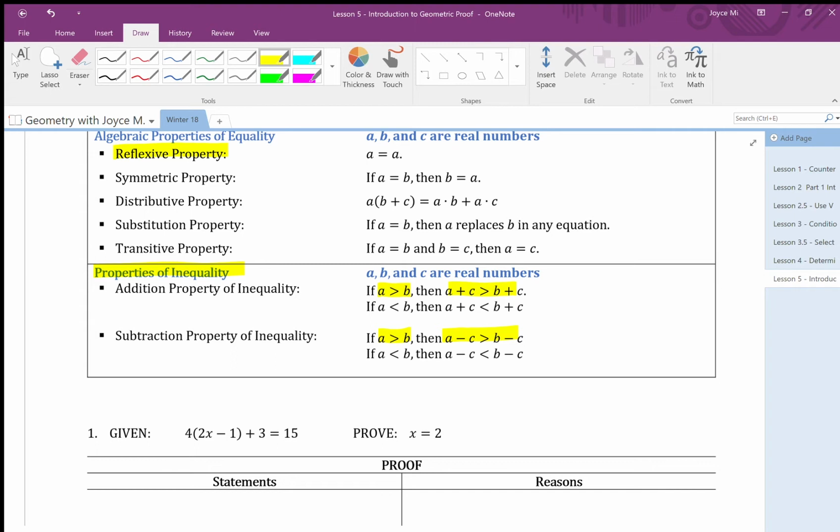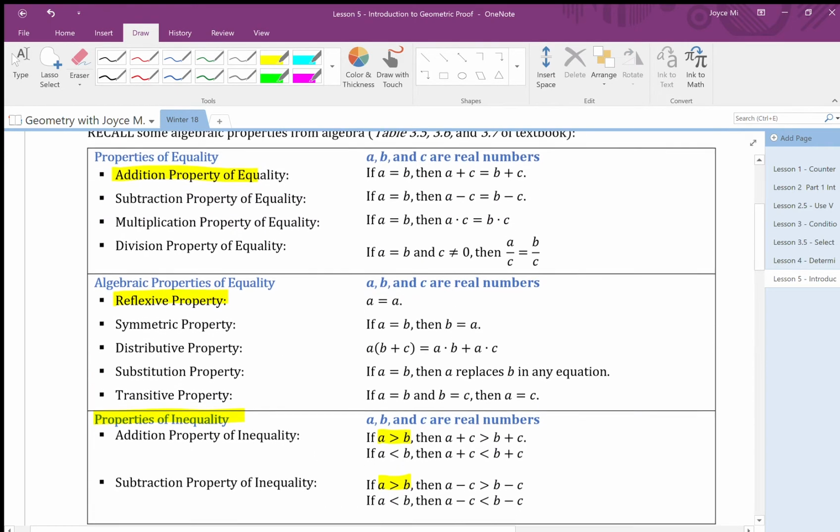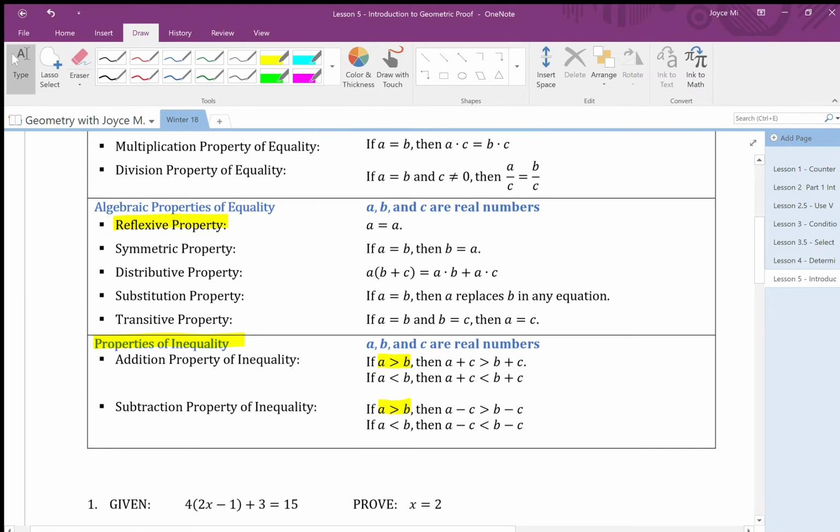The reason is that if I multiply or divide an inequality by a negative number, I have to reverse the inequality sign. That's why we do not have multiplication and division properties for inequality. So those are properties I can use as part of my reasoning in a proof.